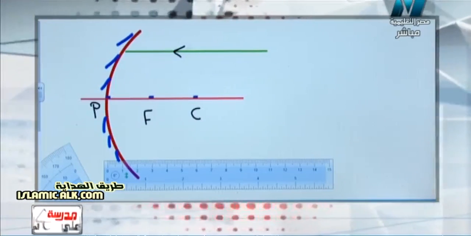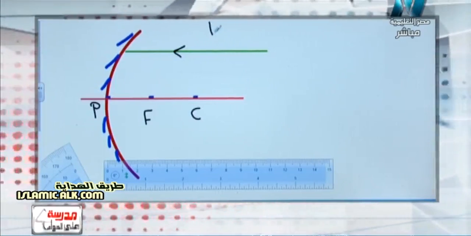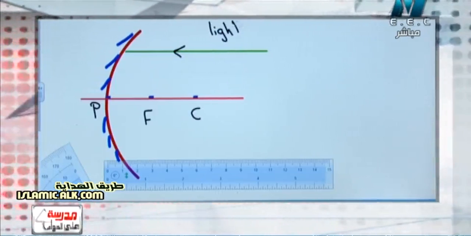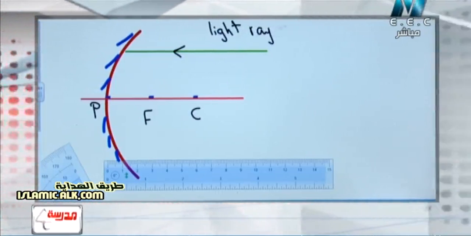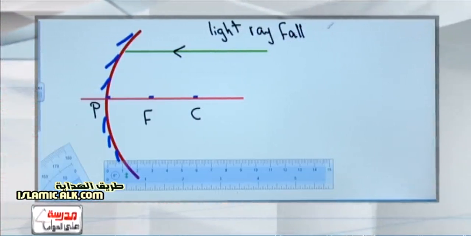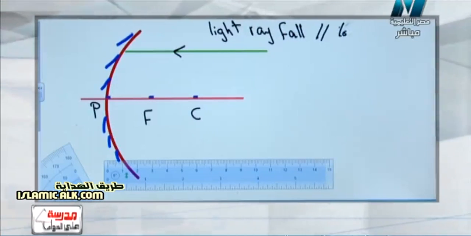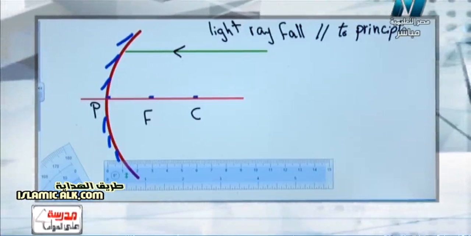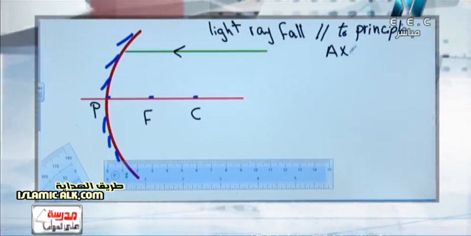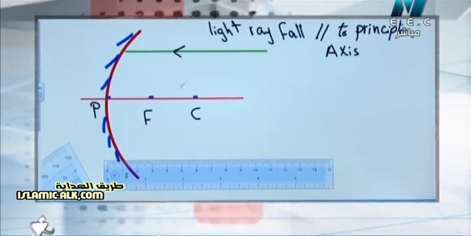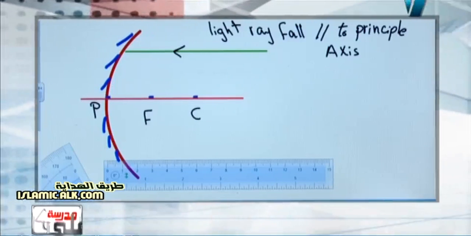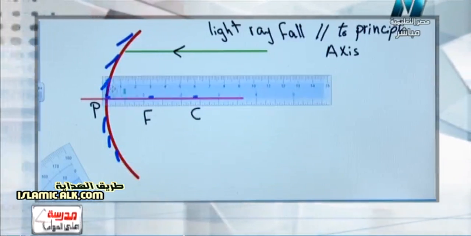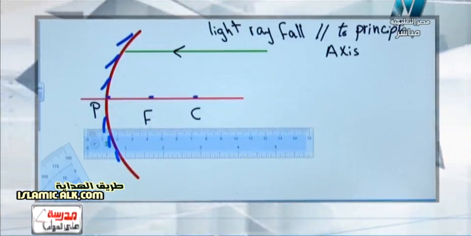I write: the light ray falls parallel to the principal axis. What happens? The light ray will reflect through the focus.